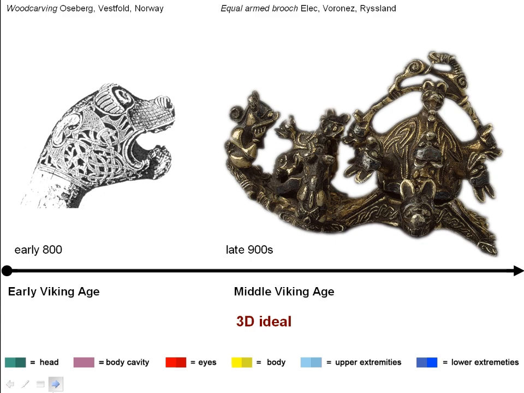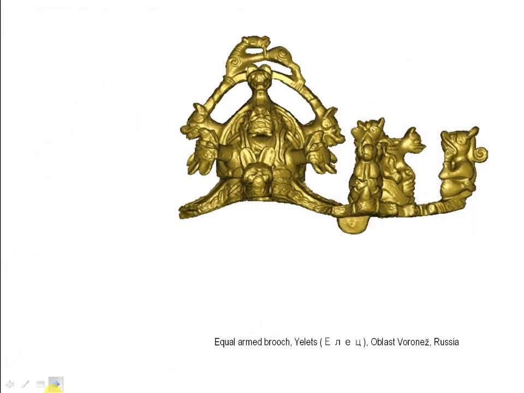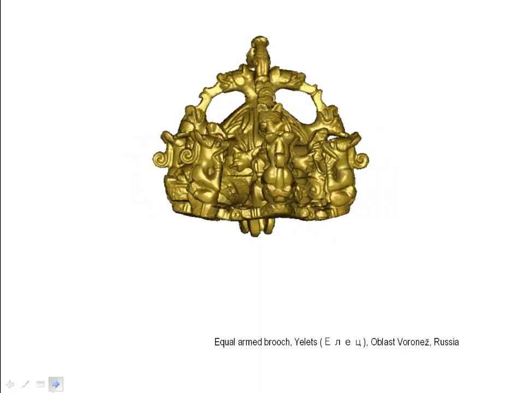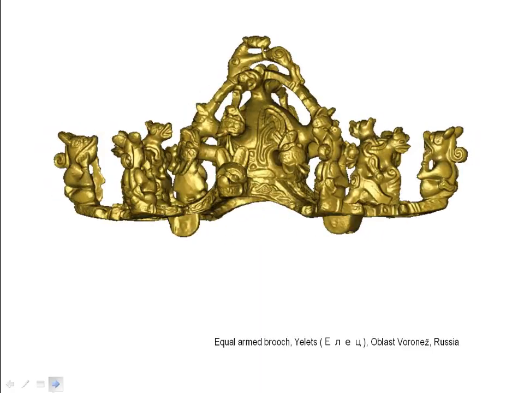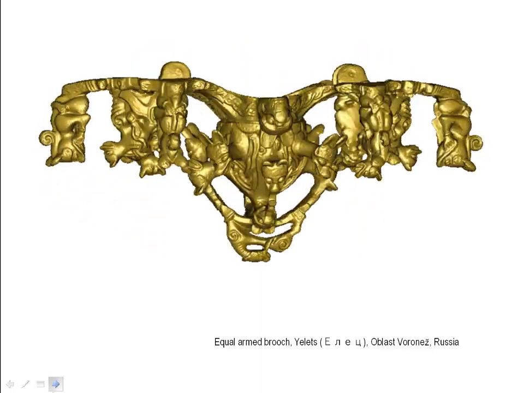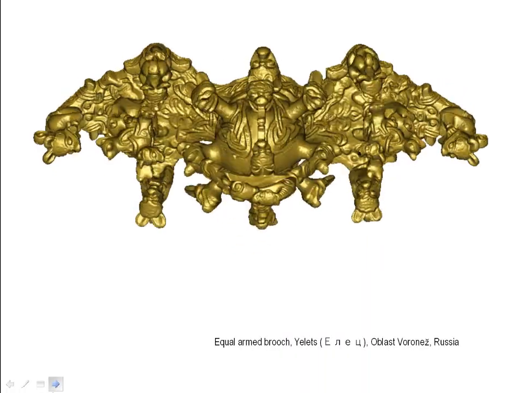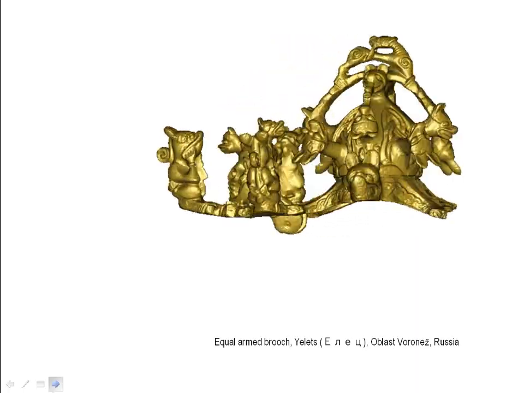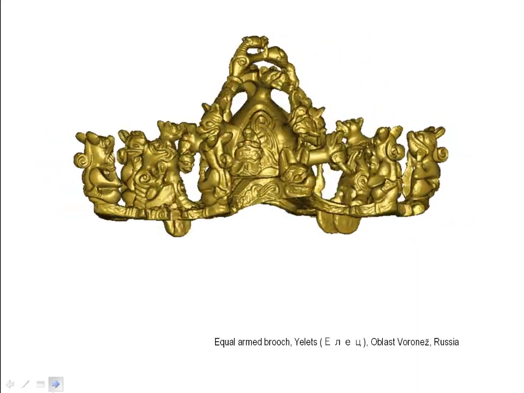One found a large equal-armed brooch from the late 900s, and to just give you an impression, I will show you a little 3D model. So what you see is an object that I have 3D scanned from the original in St. Petersburg, Russia.